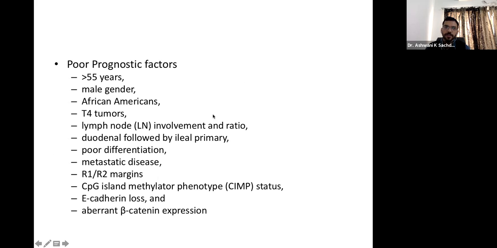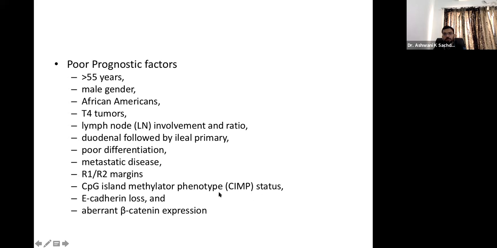Poor prognostic factors are advancing age, male gender, T4 tumor, high lymph node involvement and high ratio, duodenal primary followed by ileal primary, poorly differentiated tumor, metastatic disease, and R1, R2 resection, that is, not completely resected tumors.